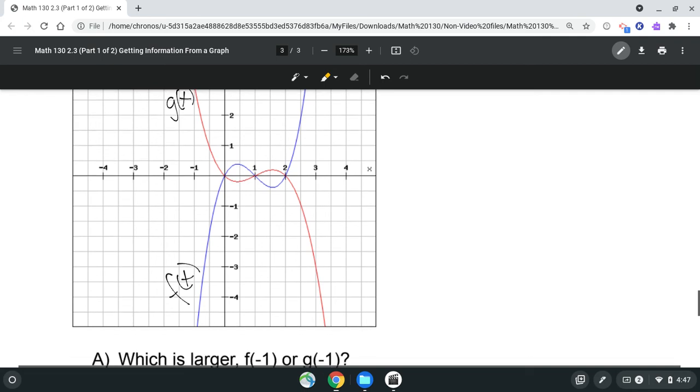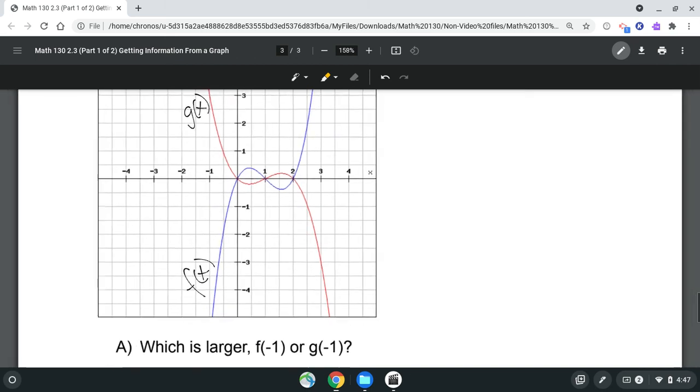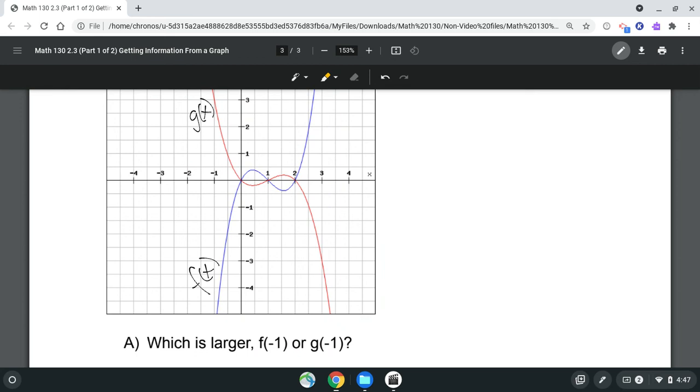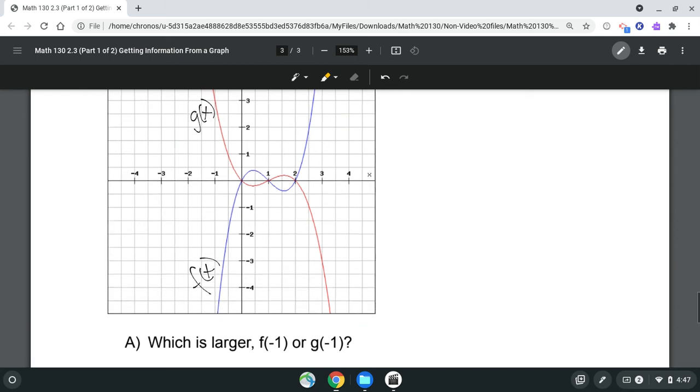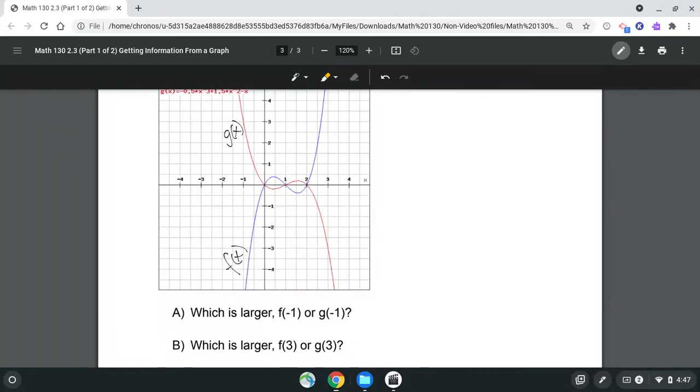Okay, so which one is larger, f of -1 or g of -1? Hopefully you said the one up here. So that would be g of -1 because g, the red function, is higher.